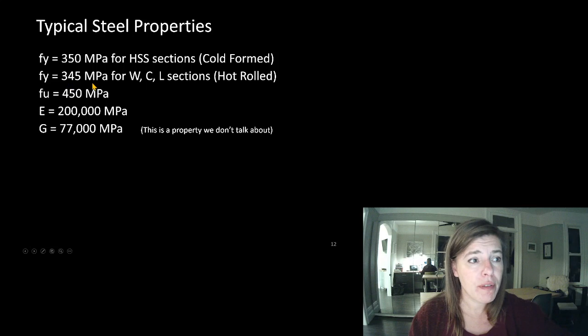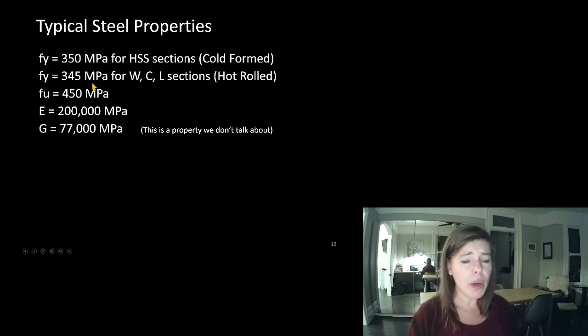FU of 450 MPa, we don't use very much. We'll use the ultimate capacity of steel in some very specific applications like bolt connections and places where we're worried about very certain types of failure.